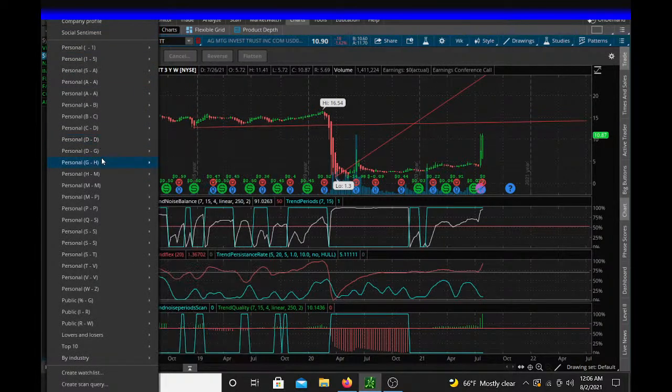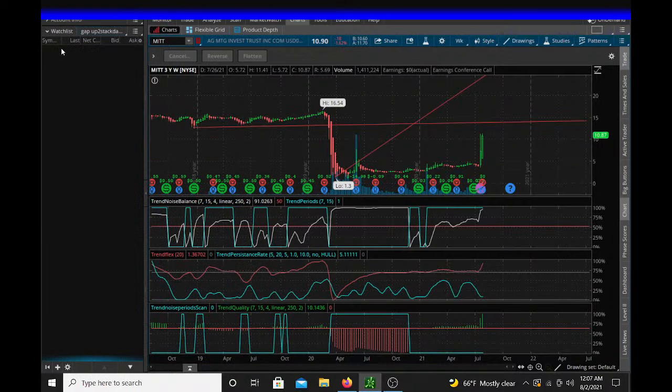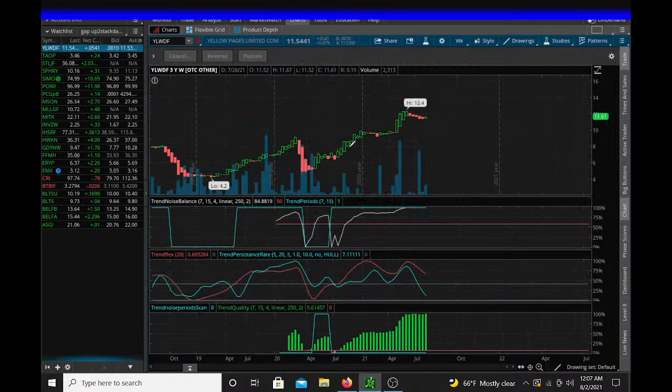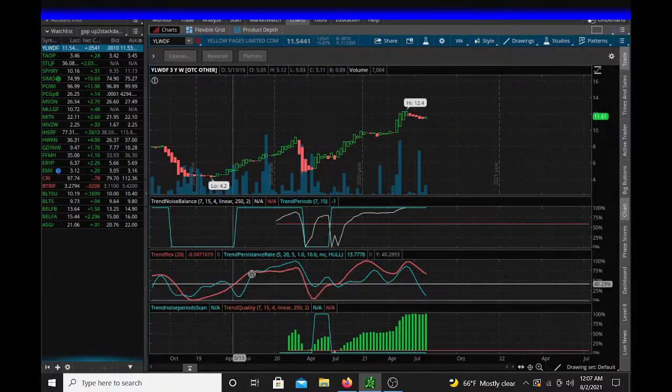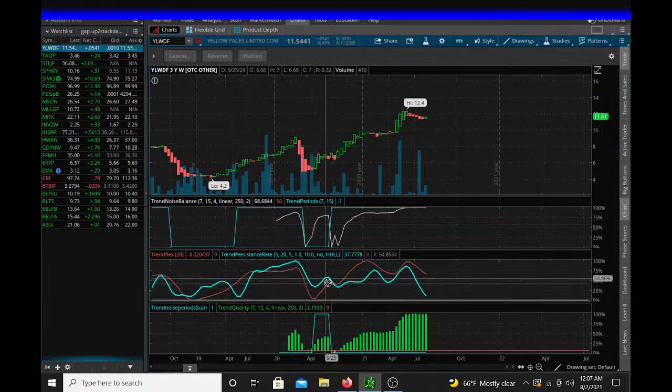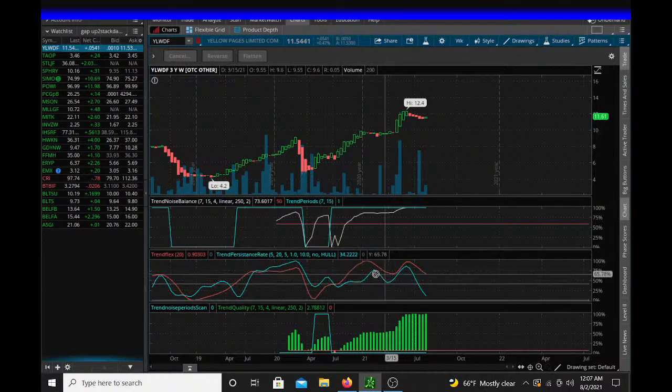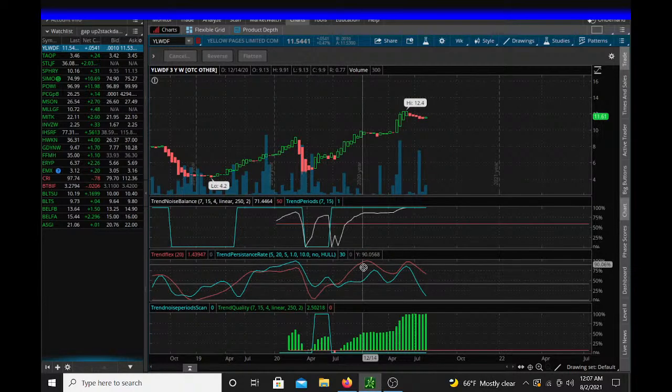Alright, so let's go back and look at some of our other watch lists here. We've got some gappers. And the yellow pages. That one does seem to be showing up on radar, doesn't it? Alright. Though this did seem to be the time to get in. Maybe right in here. And we did get some crossovers during that time too. Alright, so I need to maybe even make a little note of this trend flex and trend persistence rate.